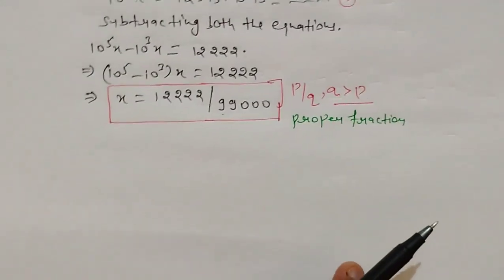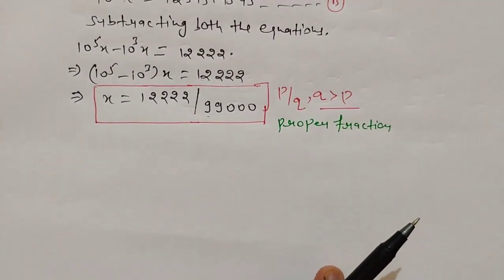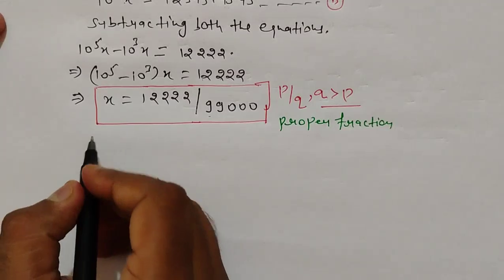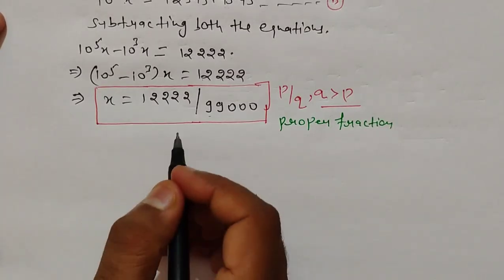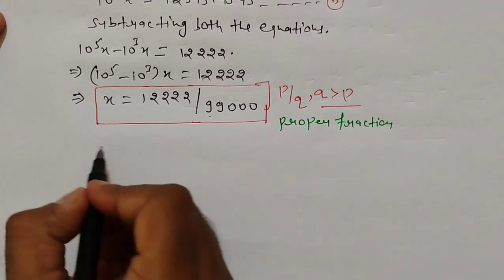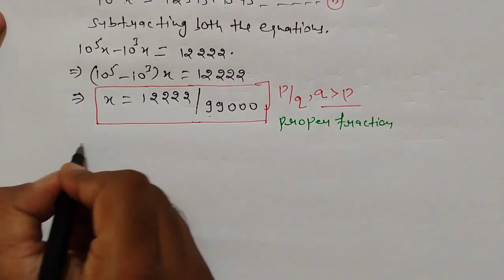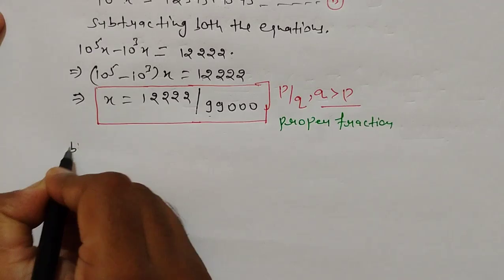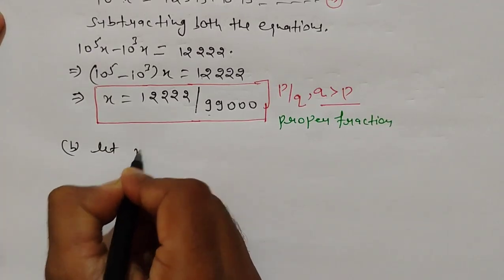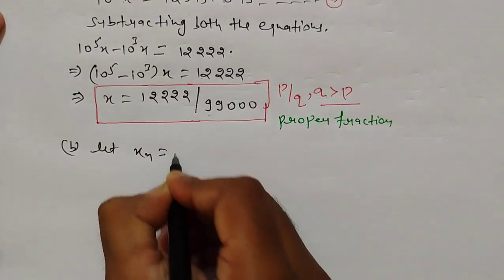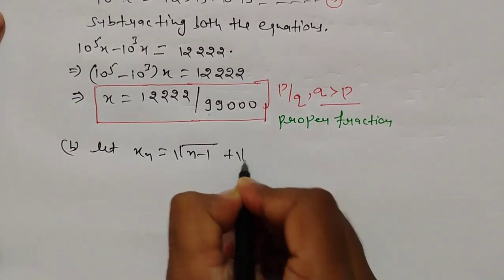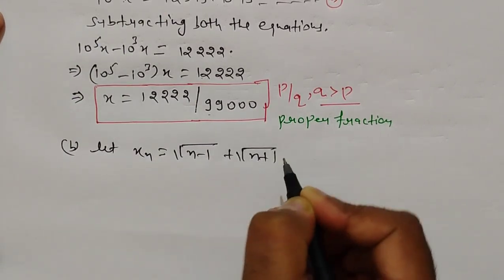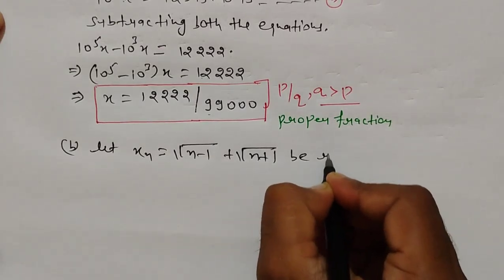So here we can simply see that xn is equal to square root of n minus 1 plus square root of n plus 1, and let it be rational.